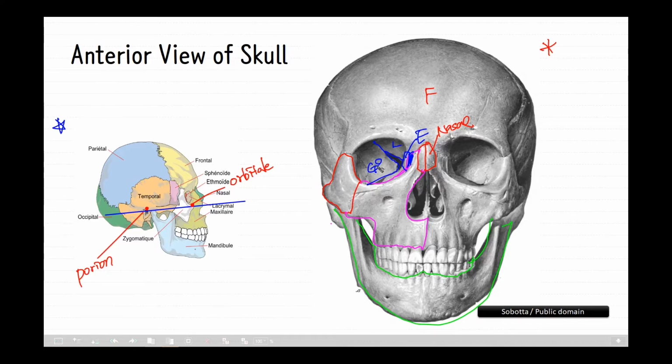We can divide the anterior view into 3 portions: the upper part, central part, and lower part. The upper part of the skull consists of the frontal bone, like this. The central part of the face is occupied mainly by the paired maxilla separated by the anterior nasal aperture. This is the anterior nasal aperture, the opening of the nose. Each maxilla contributes to the upper jaw, the floor and medial wall of the orbital cavity.